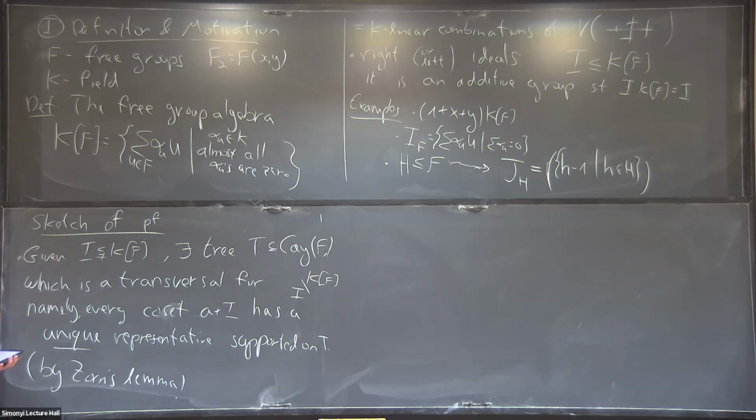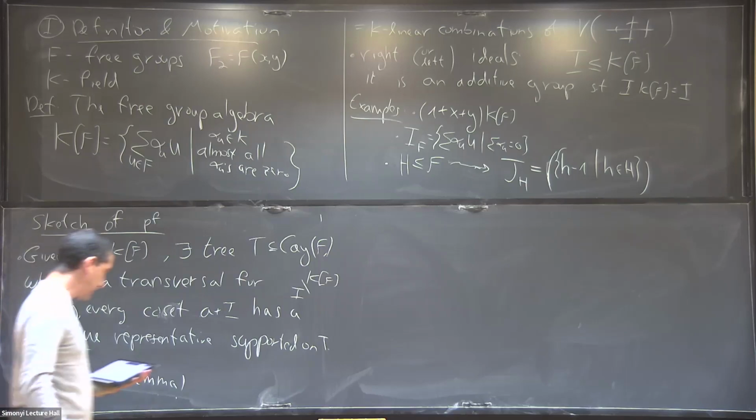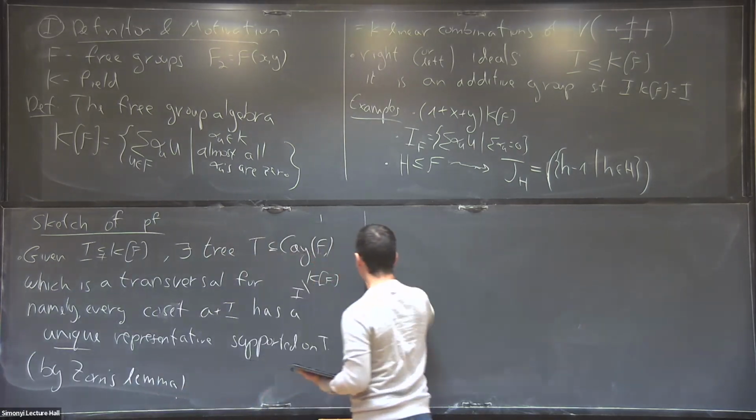You can look at all partial transversals, and it's quite easy to show that the conditions for Zorn's lemma are satisfied, and you can get a maximal one. And then you should prove it's a complete transversal.